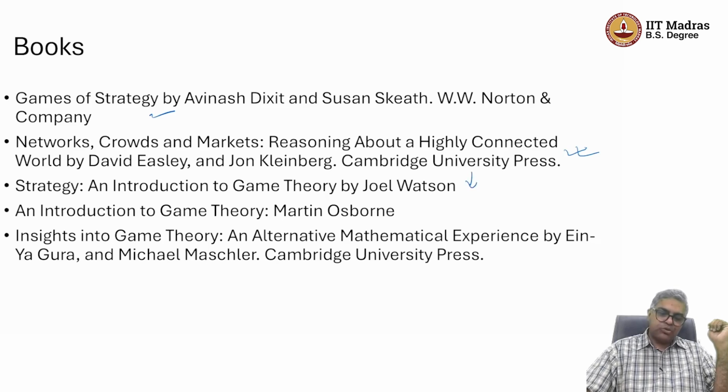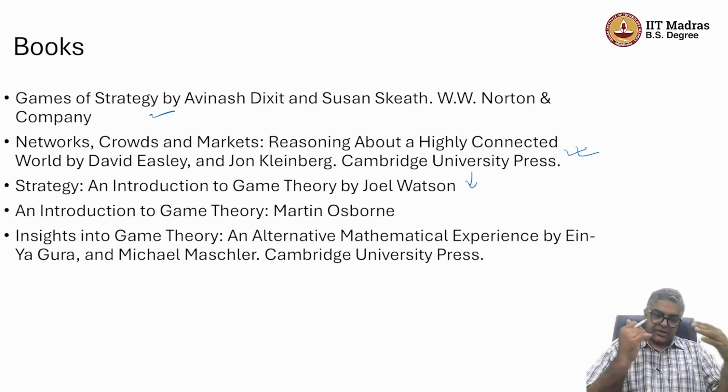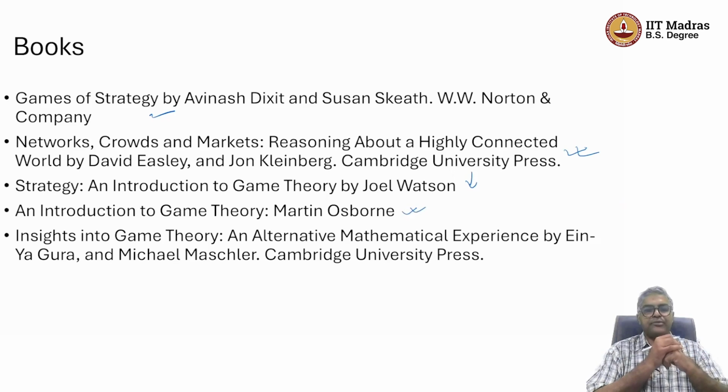Now we are moving to the third book, which is definitely more difficult than the above two books, but again a very nice description, with a focus on application. One problem there is that I would not be following Joel Watson's sequence. I have a sequence that is very different from many of these books. In terms of sequence, my description is closest to Martin Osborne's An Introduction to Game Theory, but the problem there is that the book is way more mathematical than other books.